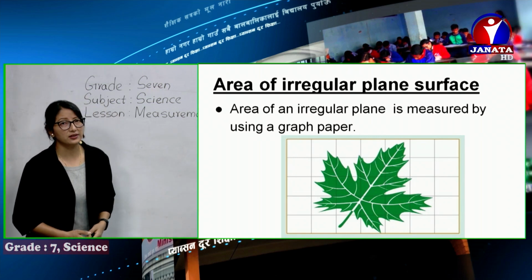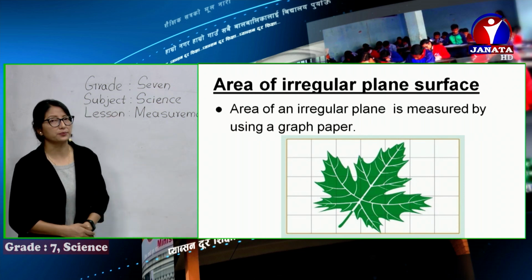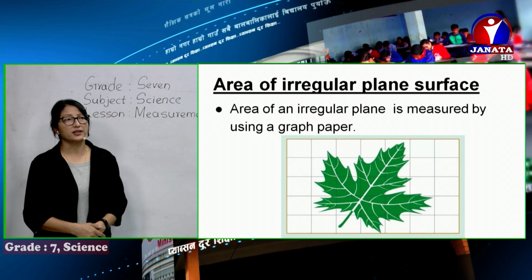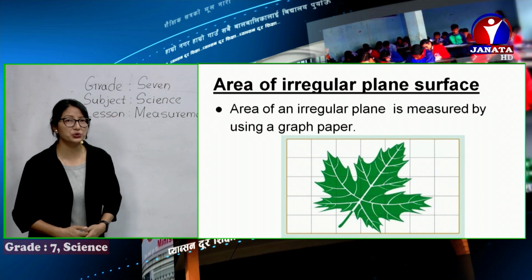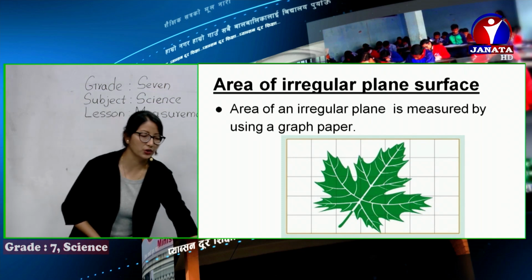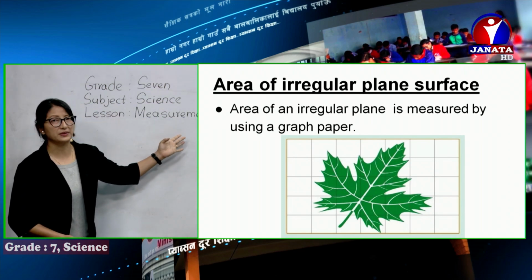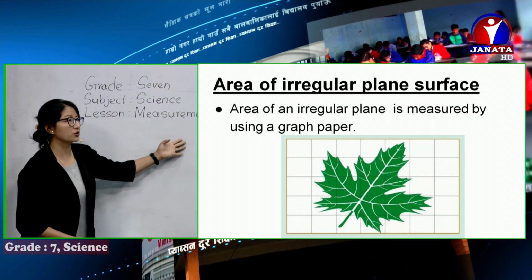If it's an irregular object, then what we do is we use graph paper. Yes, we have seen graph paper, and we have used it in our maths class as well. So we can use graph paper for calculating the area of an irregular plane surface. As you can see over here in the slide, a leaf has been kept on the graph paper.